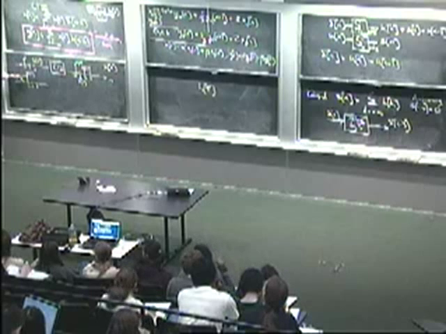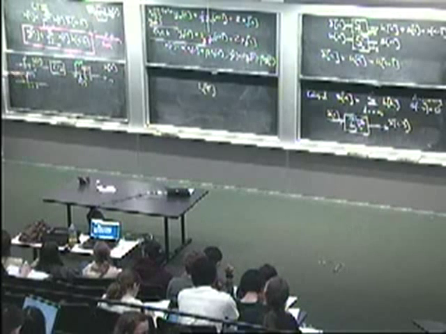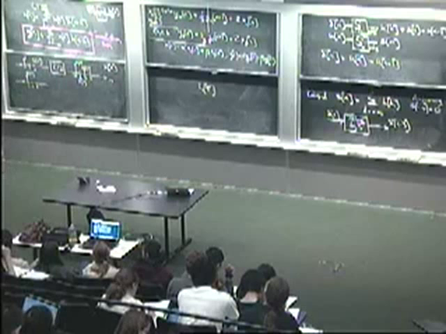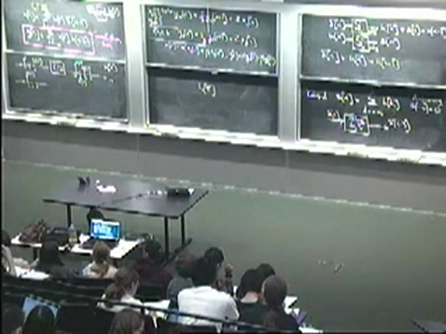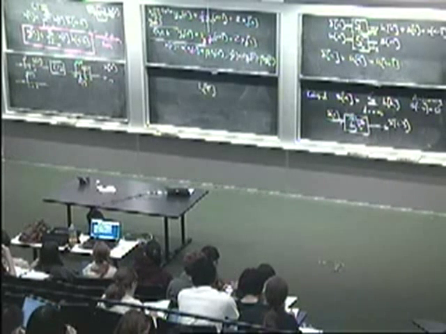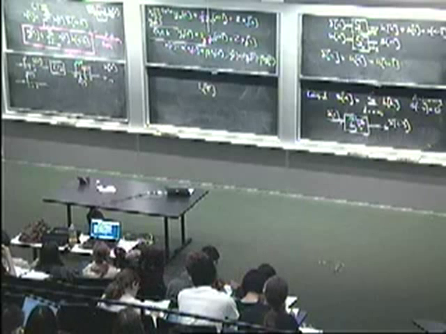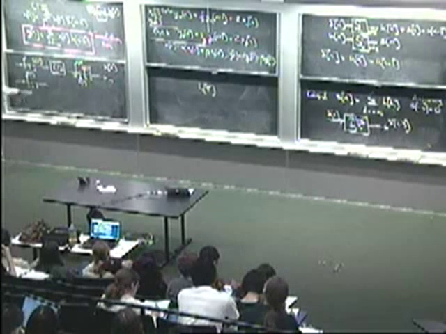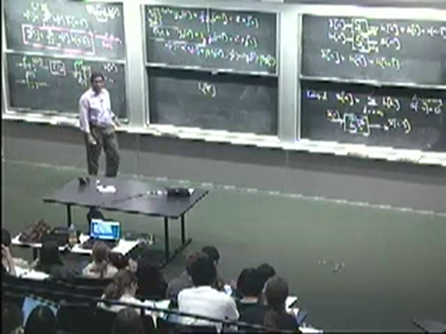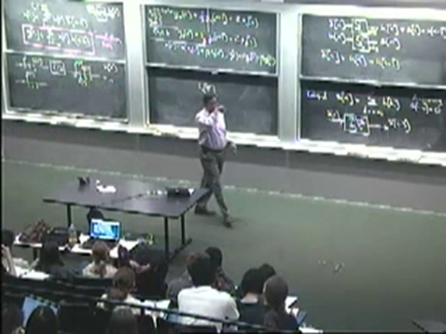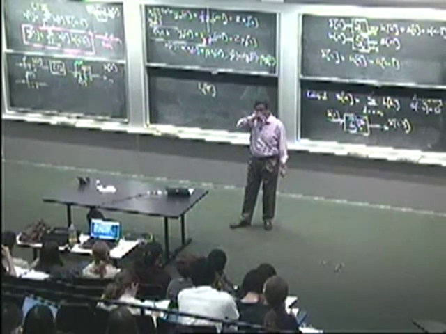Instead of 1 going in, I'm having x[0] go in. So what comes out?